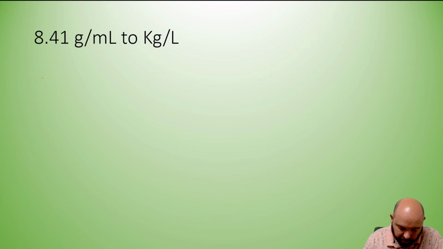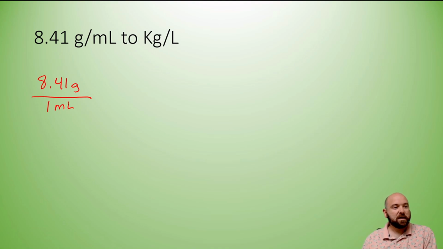We know that we have some substance that has a density of 8.41 grams for every 1 milliliter of volume of that substance, and we want to convert that to a different unit of density. We want to know what 8.41 grams per milliliter will convert to in kilograms per liter instead.